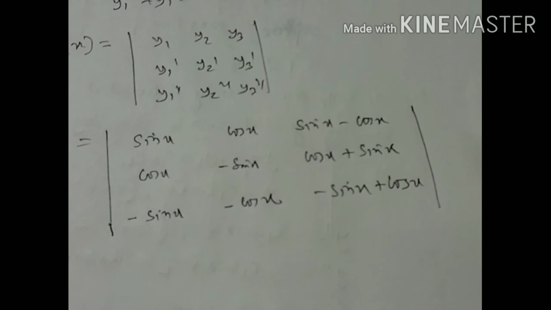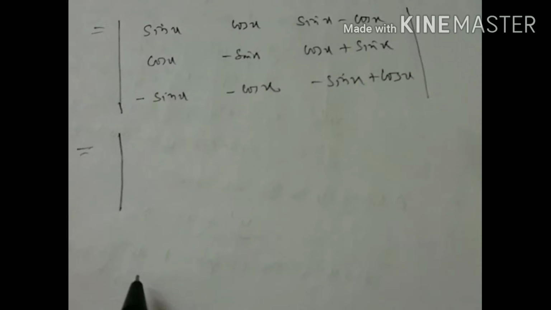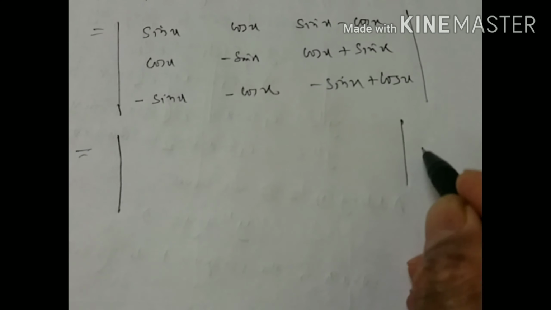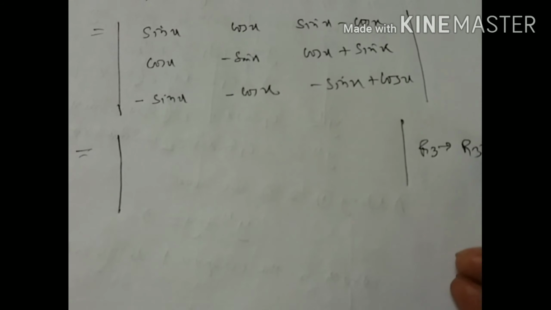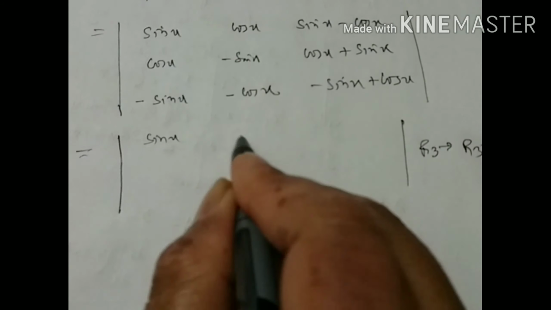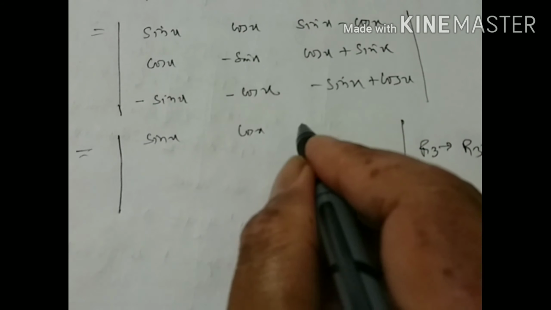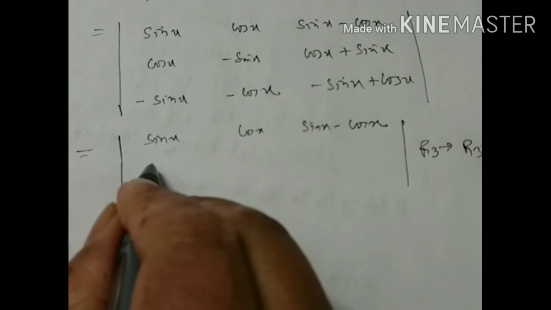Now we have to find the value of this determinant. Before multiplication, we are using an elementary transformation. So we are doing row 3 plus row 1. The first two rows remain the same because we are doing the elementary transformation on the third row.